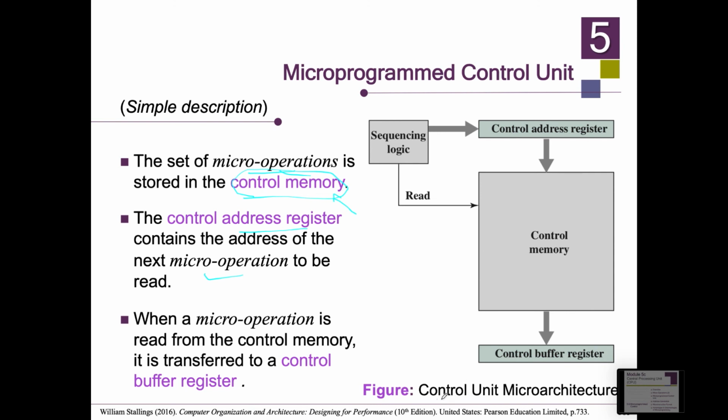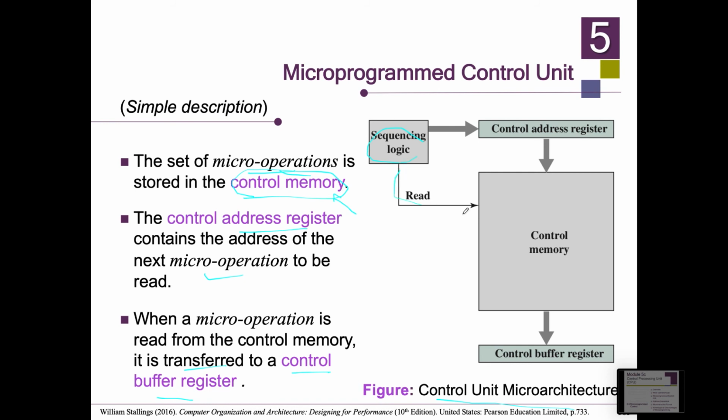You can also refer to this picture, control unit microarchitecture. When a micro operation is read from the control memory, it is transferred to your control buffer register. So you have over here your sequencing logic.